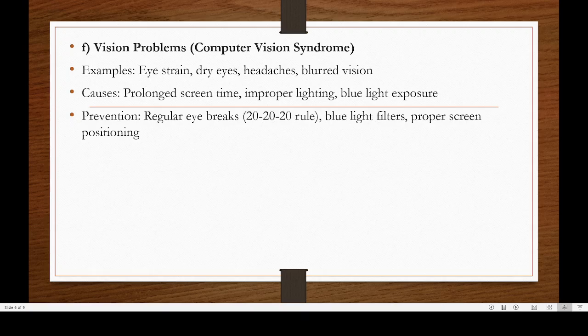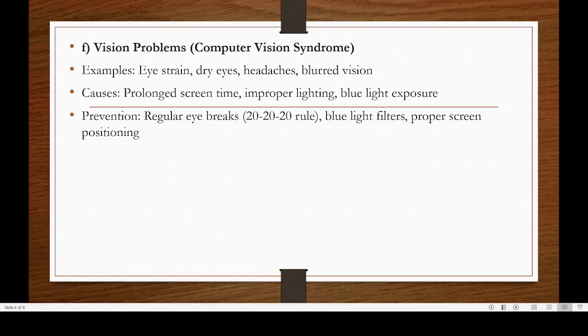Too much light will be entering your eye, and that may cause damage to your retina as well as cornea later. So improper lighting and blue light exposure are also a problem. That is why blue light filters are there. The people who use specs know that there is a kind of film. For that we may need to spend another 1,000 or 2,000 for the blue light filter.